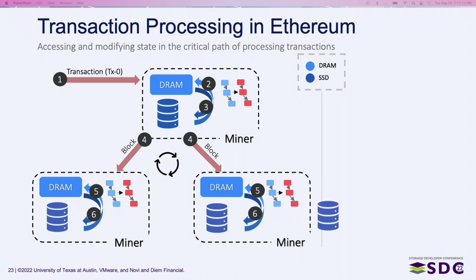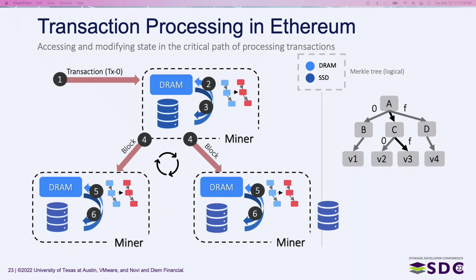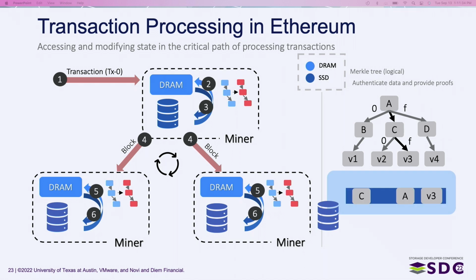Now, zooming further into how system state is actually stored at each miner, the state is stored using an authenticated data structure like a Merkle tree. Merkle trees provide data along with proofs that help verify the correctness of this data. So the system state is in a Merkle tree, which is then also flattened and stored as key value pairs in a key value store like RocksDB or LevelDB.